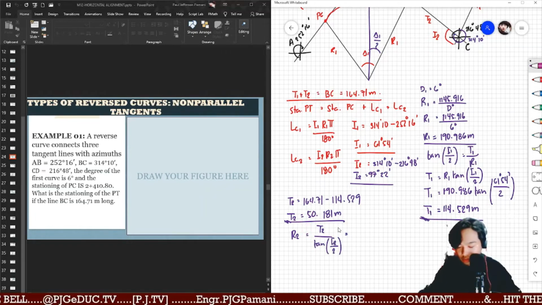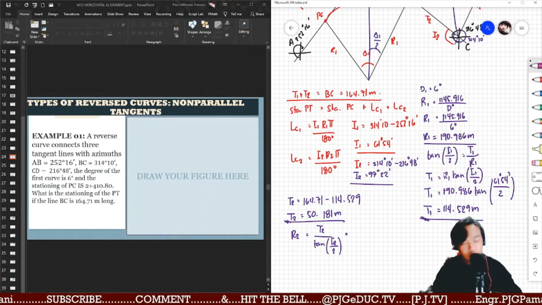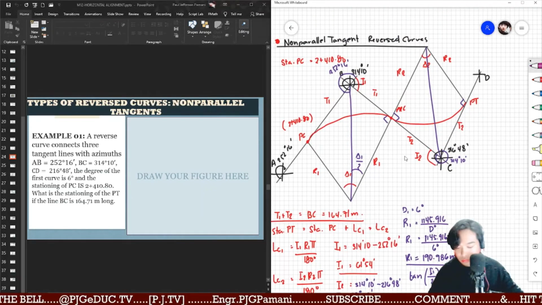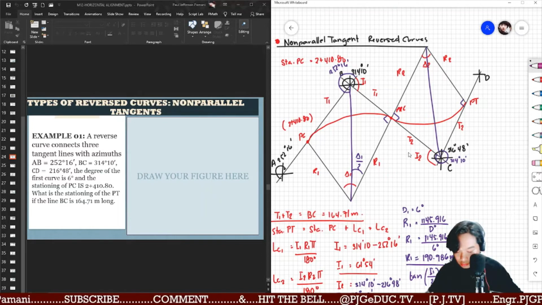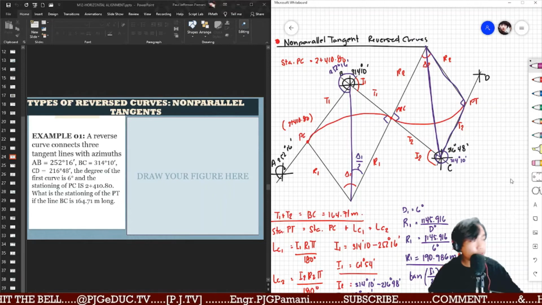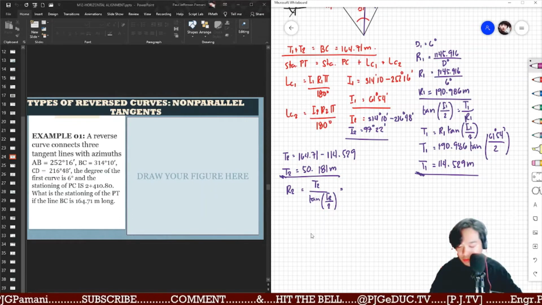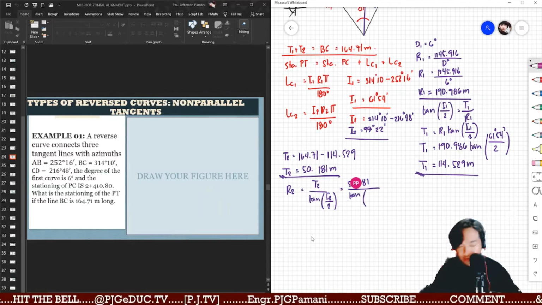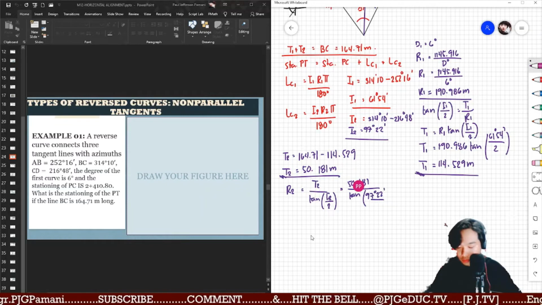This is again our right triangle. Okay? Did you get which right triangle we took that from? This is it. Okay? So let us just substitute again. R2 is now equal to 50.181 over tangent I2 of 97 degrees 22 minutes over 2.